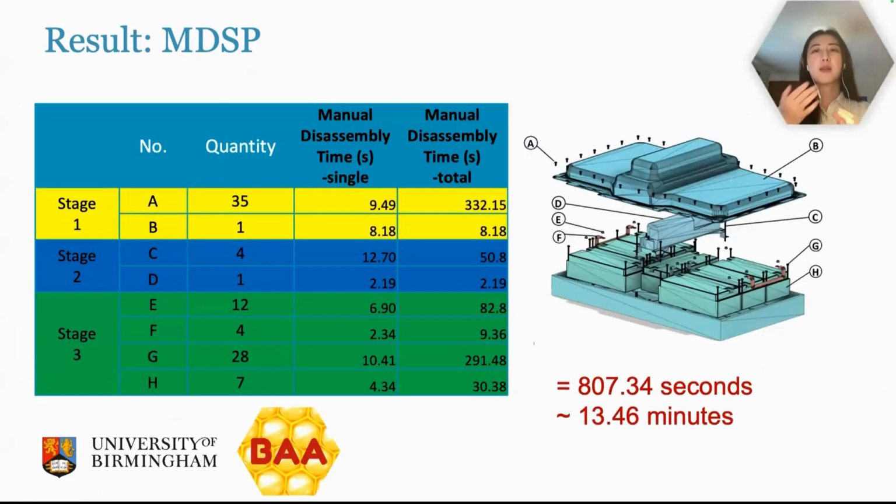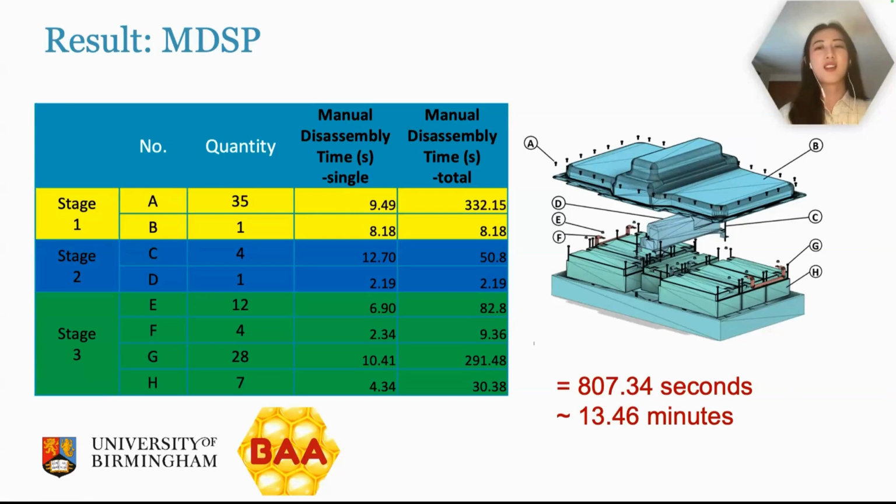While for the manual disassembly process, we followed the way to gather the human operators' disassembly time cost, and also we did a summation here. So the total time here is around 13.46 minutes. The difference between this time and the previous RDSP time is that for humans, we didn't count in the human working or relaxing time in between each task, but humans would do that when they are doing the work.